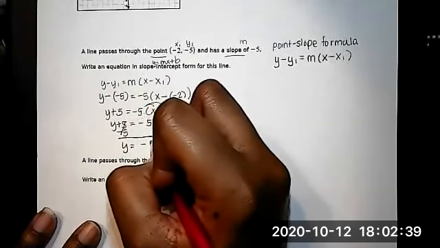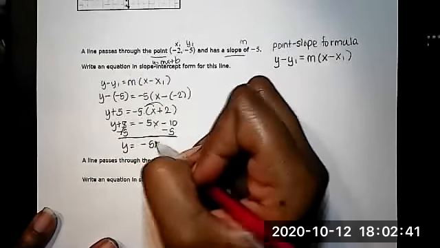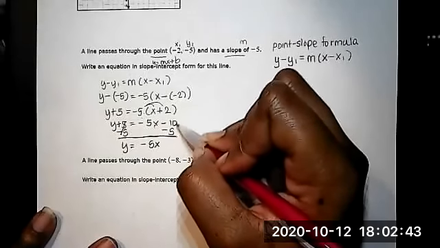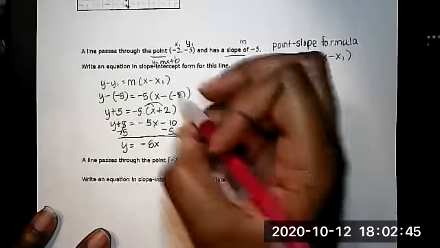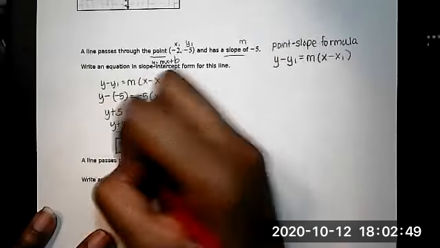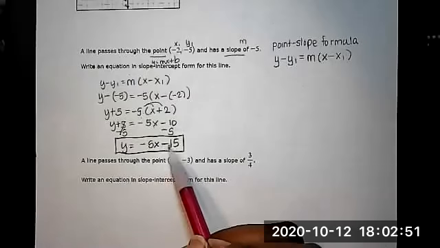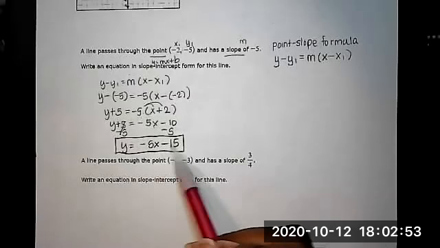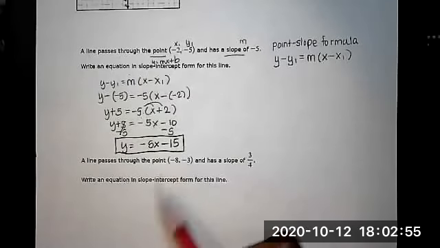This now becomes -5x. I didn't do anything with that. But then -10 and -5 become -15. This is your answer in slope-intercept form. Y equals mx plus b. Okay. Let's try it again.